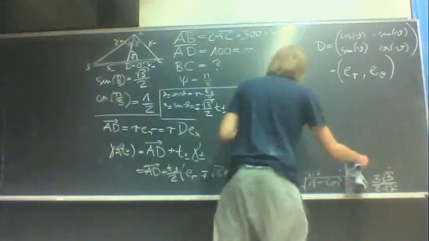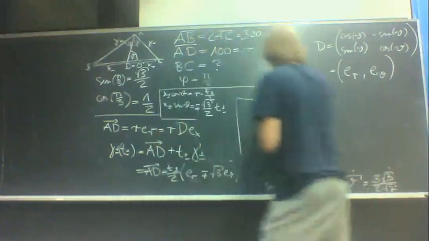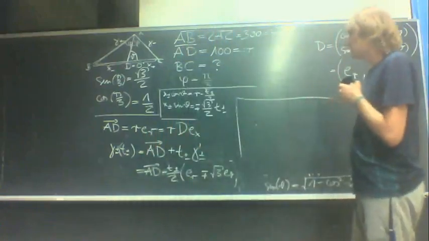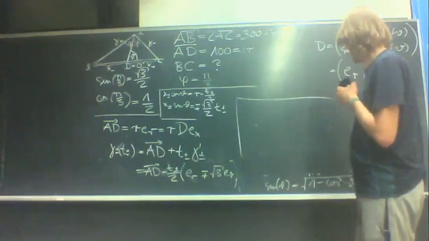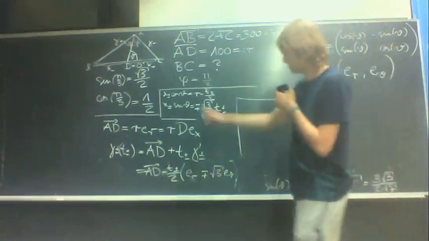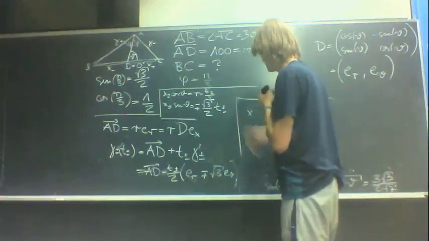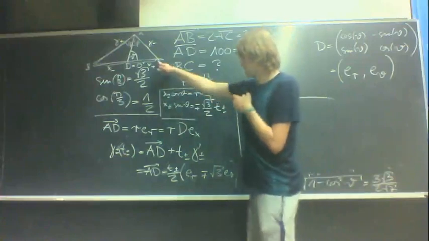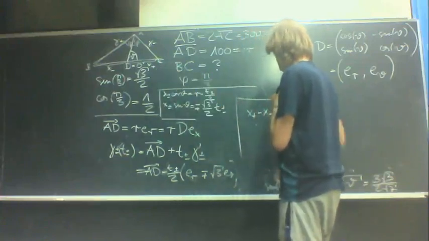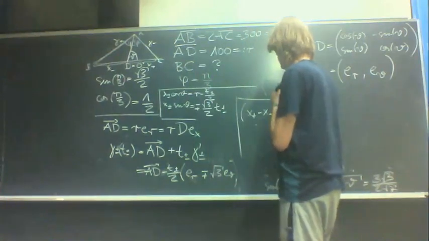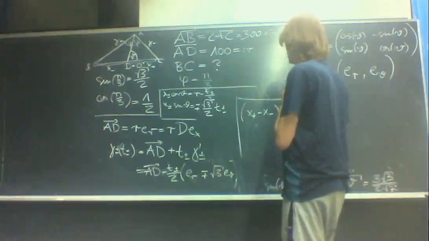We'll erase this piece over here. Okay. Let me think. So we want to have x plus minus x minus, which will be BC.